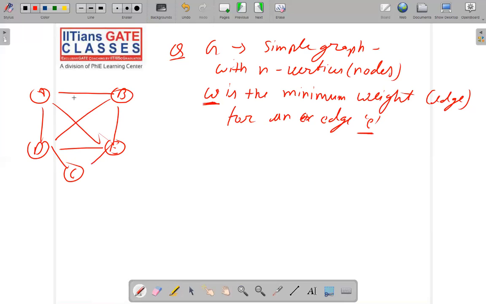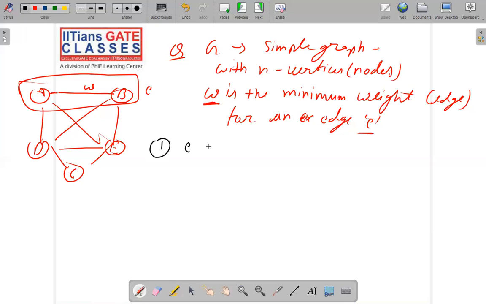If this is the edge E, the AB edge I am denoting as E, and its edge weight is w, and this is the minimum in the whole graph. So there are some statements and you need to identify whether each statement is true or false.